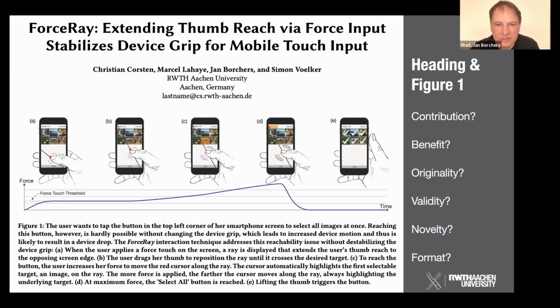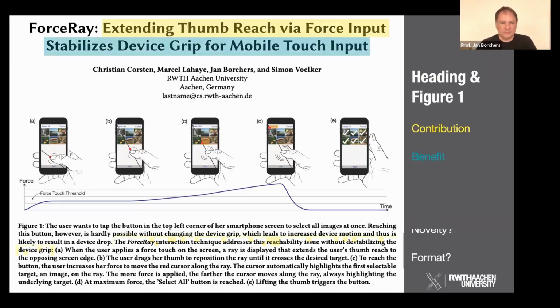The title of a paper, if it's done well, is very revealing of what you can expect from it. In this case, the heading and the so-called figure 1 are telling us quite a few things. For example, we can clearly see in the heading what the contribution of this paper is.